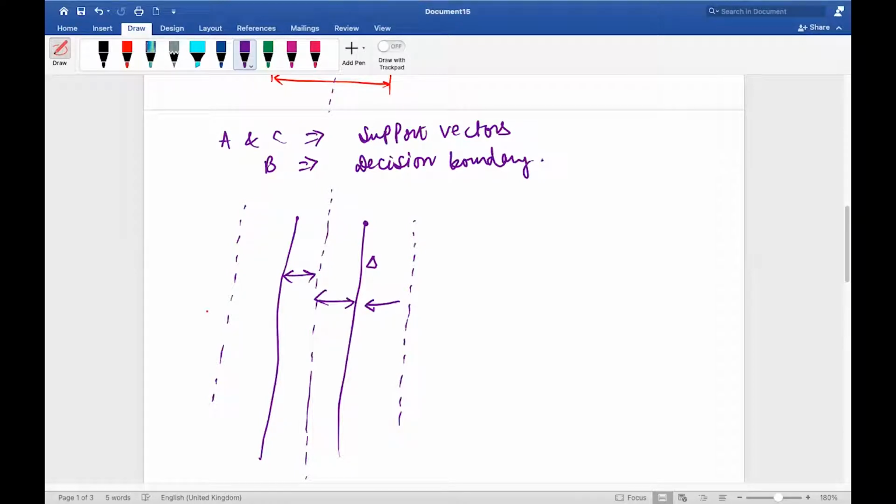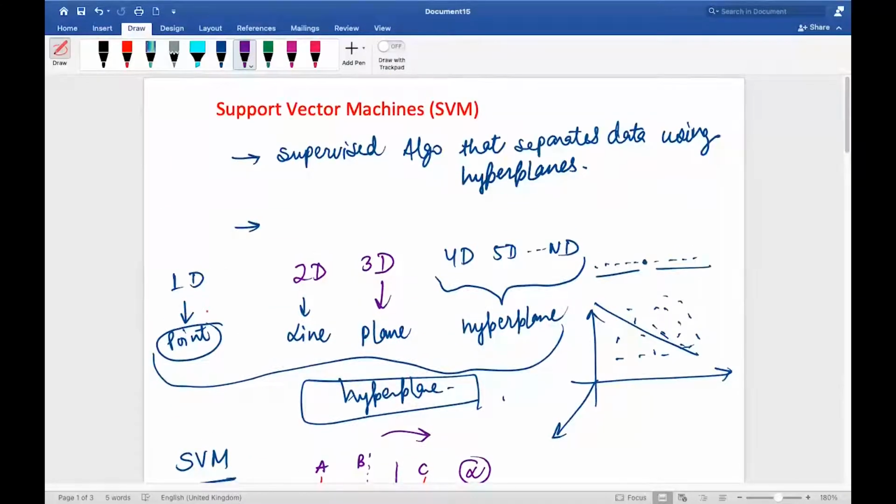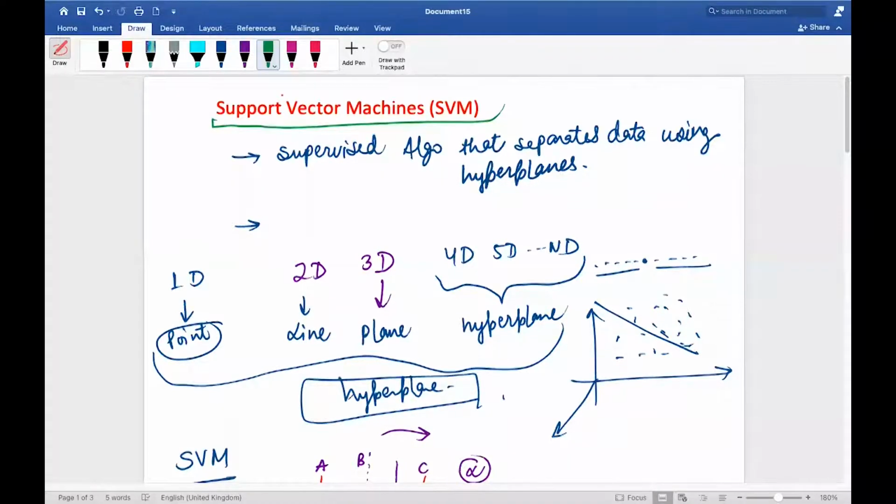So always remember that the support vector is just to help draw my decision boundary. And that is the reason this particular algorithm is known as support vector machines. So now you know what support vectors are.